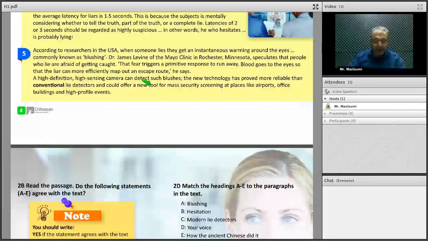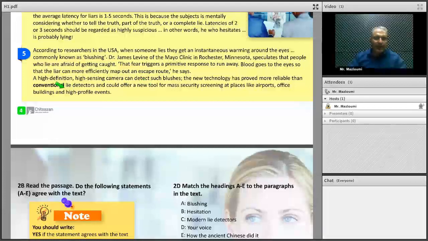You know, mass security, mass means related to a large number of people. So mass security screening, making sure that gatherings, meetings, for example, are safe at places like airports, office buildings, and high profile events. High profile means important. It can be the opposite of low profile.